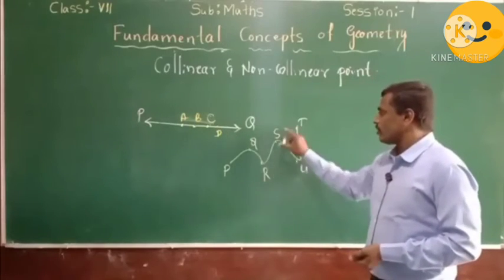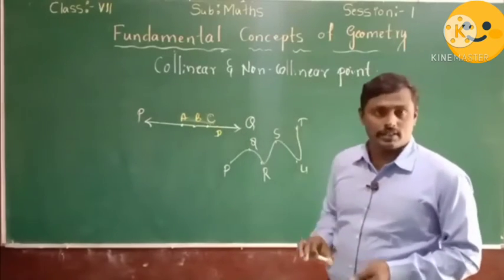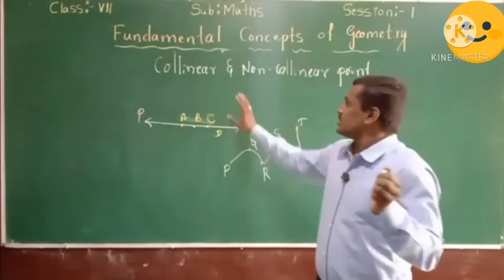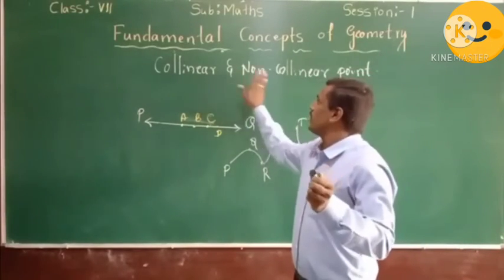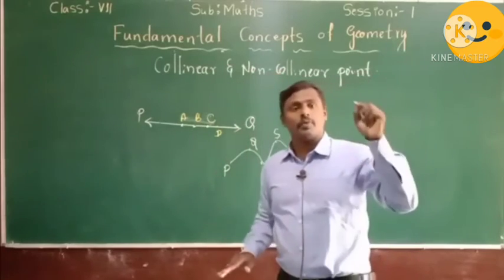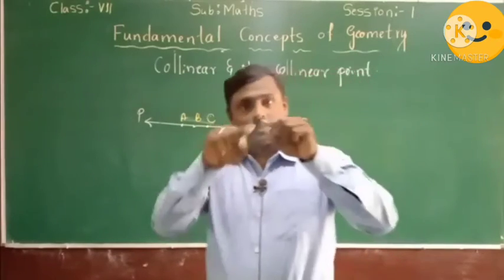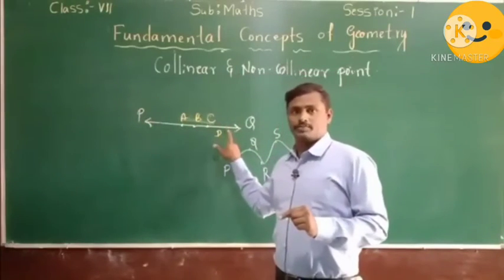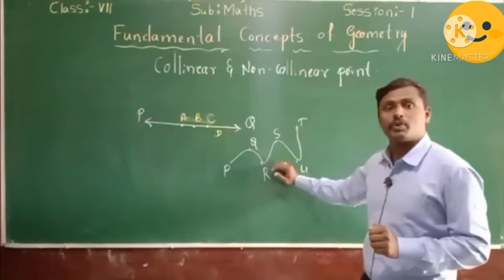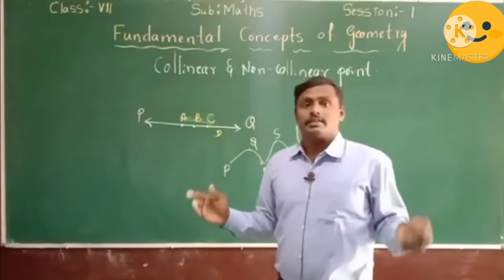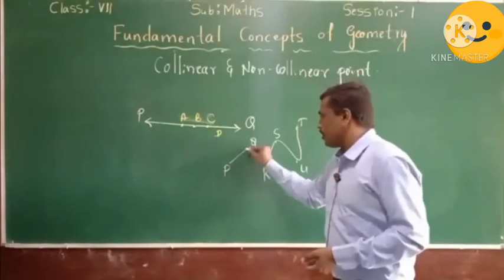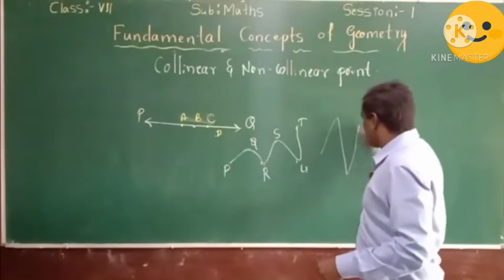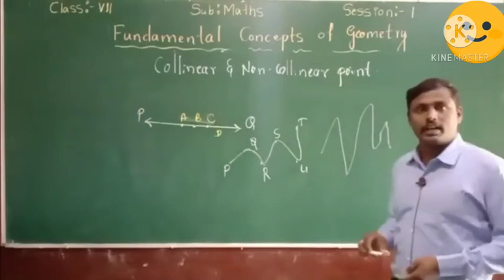So these types of points are called non-collinear points. What is the main difference between collinear and non-collinear? Collinear points are always in a straight line, but non-collinear points will not form any straight line. They may form some curved lines or zigzag lines, right?